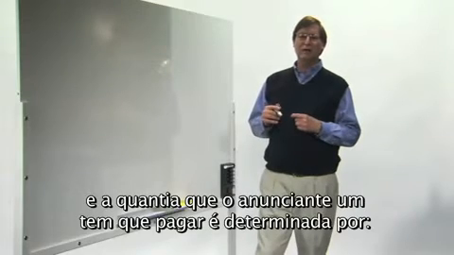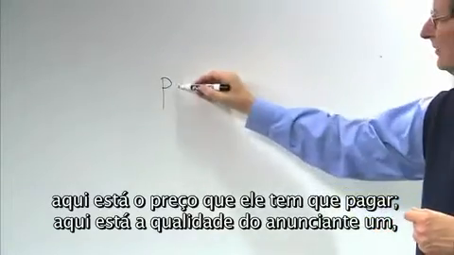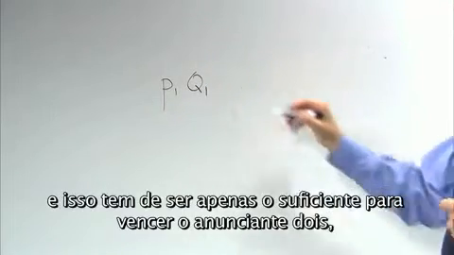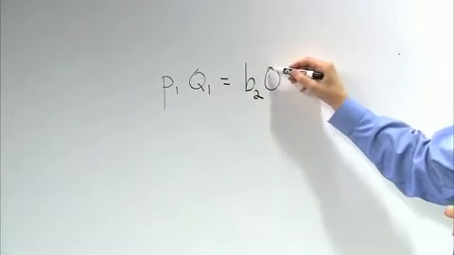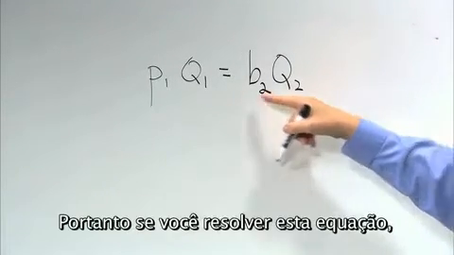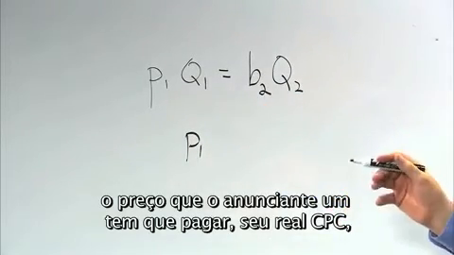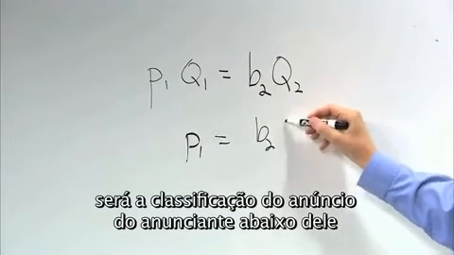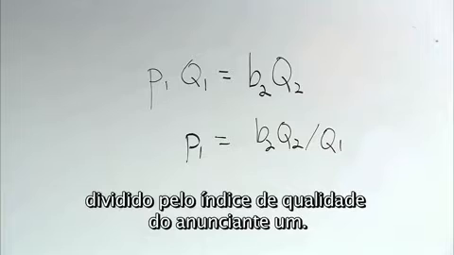The price advertiser 1 has to pay, times the quality of advertiser 1, is going to be just enough to beat advertiser 2, who bids B2 and has quality level Q2. So if you solve that equation, the price that advertiser 1 has to pay, his actual CPC, is going to be the ad rank of the advertiser below him divided by the quality score of advertiser 1.